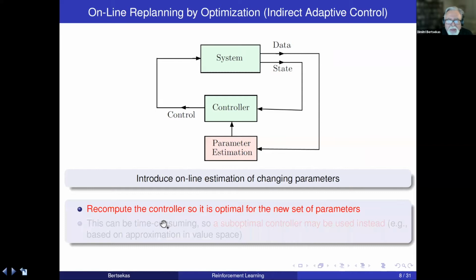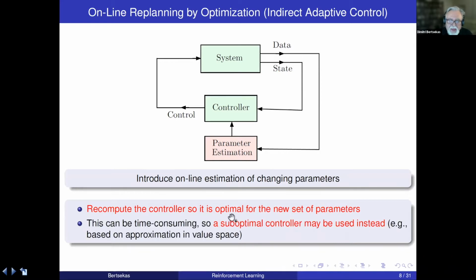And the controller adapts itself so that it's optimal for the new set of parameters. So measure, identify parameters, give them to the controller, and the controller re-optimizes. And like we said in the previous slide, this can be time-consuming. So that motivates using a suboptimal controller instead.